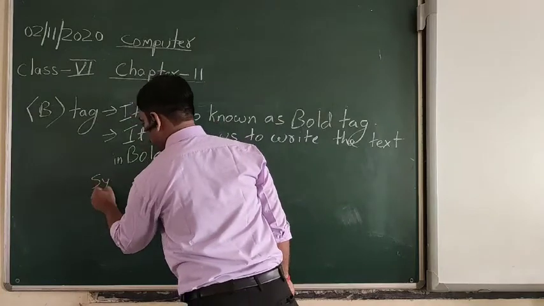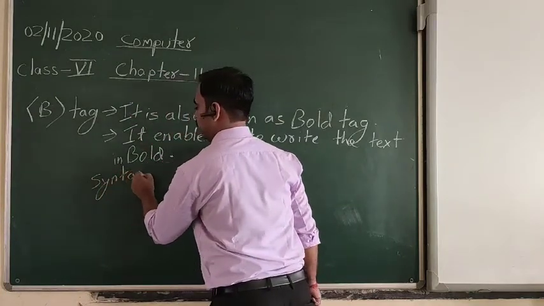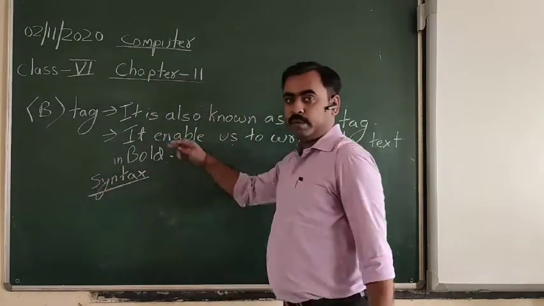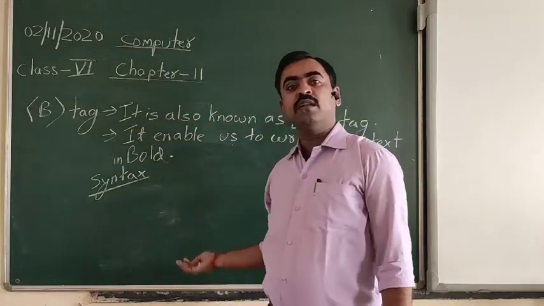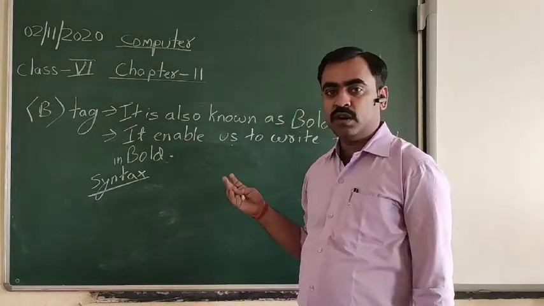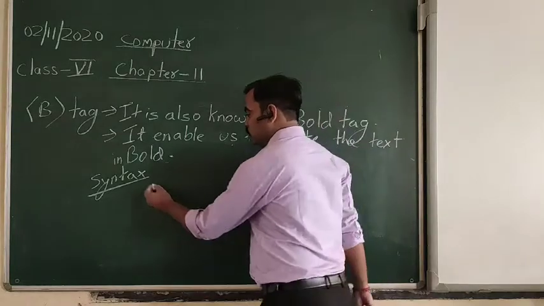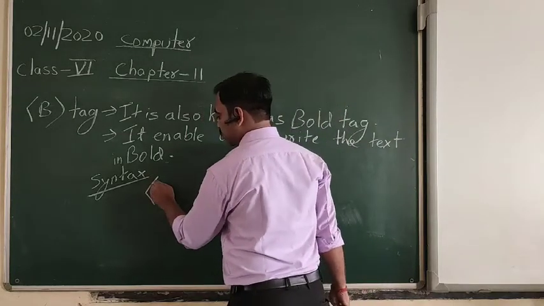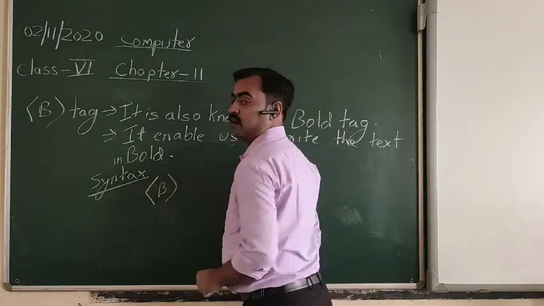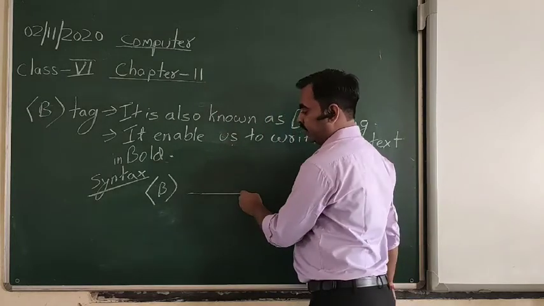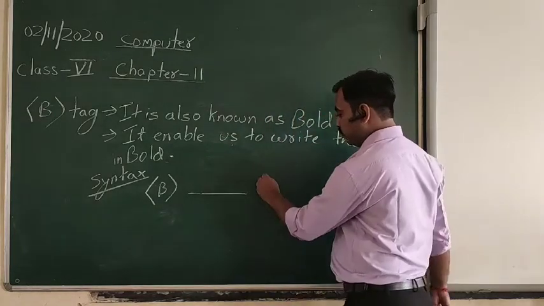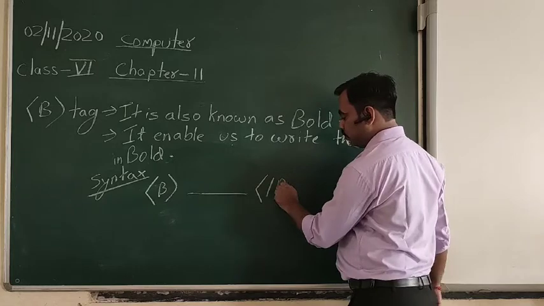The syntax of using the bold tag: you have to remember that the bold tag is again a container tag. So you have to start the B tag, write the sentence, and then close the B tag.